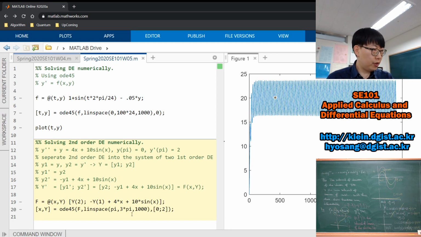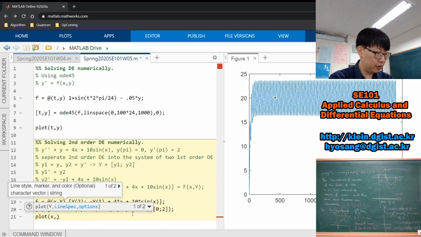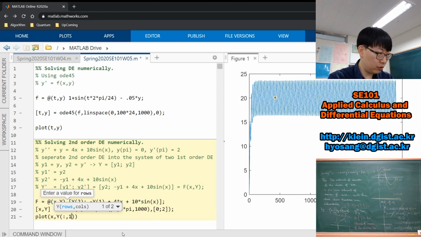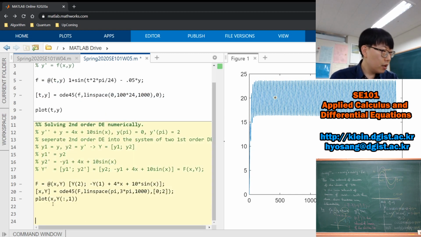Okay, so when I plot the function, the x axis is just x, and I need to use the first column of this matrix. How do you choose the first column? This is done by this method. Large Y is a matrix.